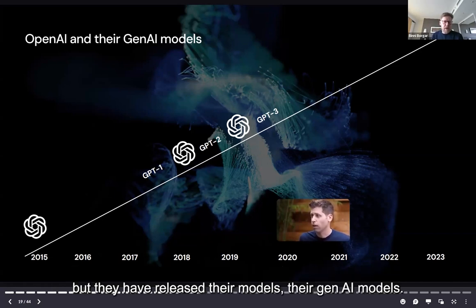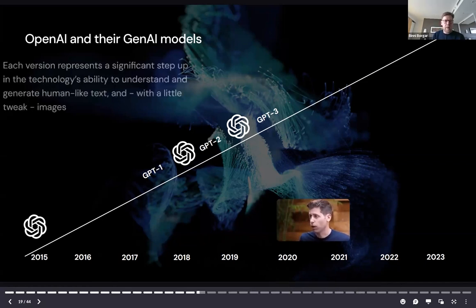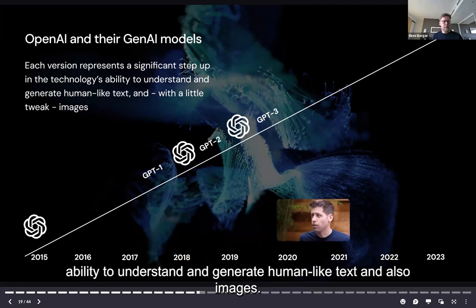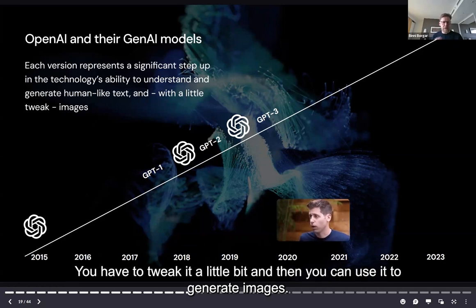But they have released their Gen AI models, and each version, like GPT-1, GPT-2, represents a significant step up in the ability to understand and generate human-like text, and also images. You have to tweak it a little bit, and then you can use it to generate images.